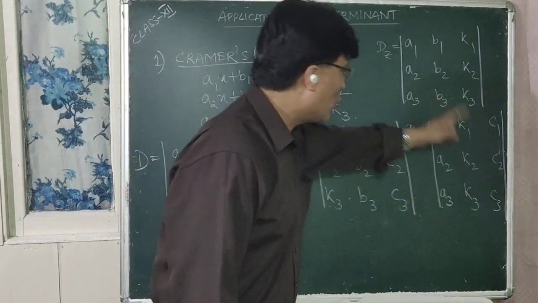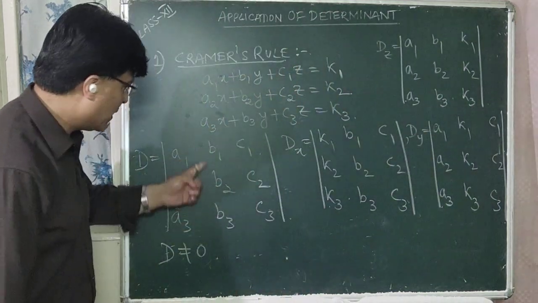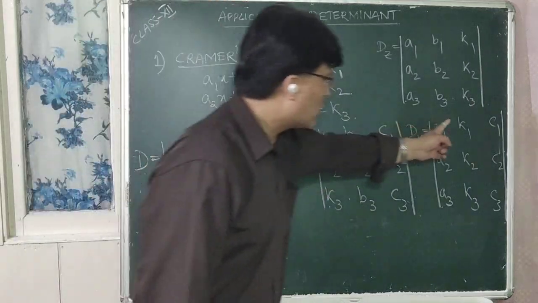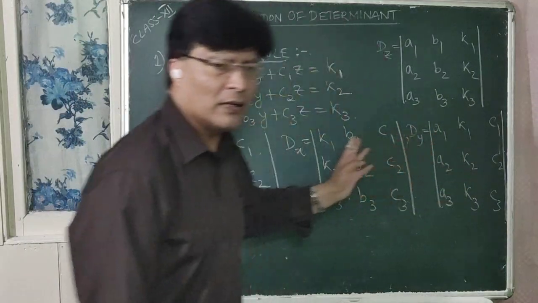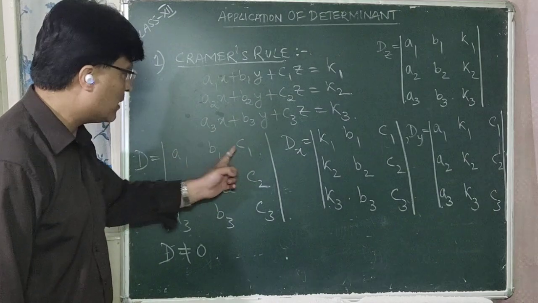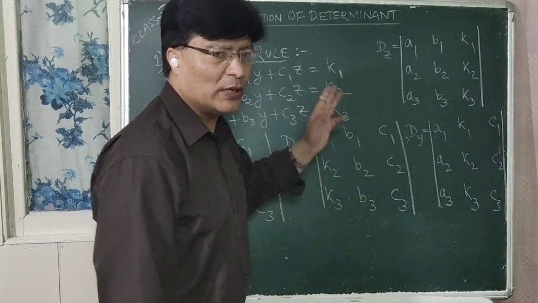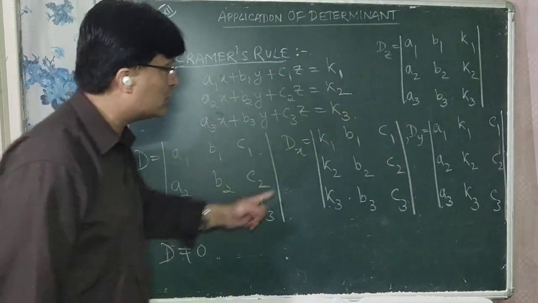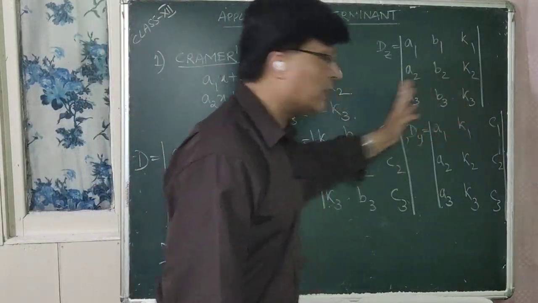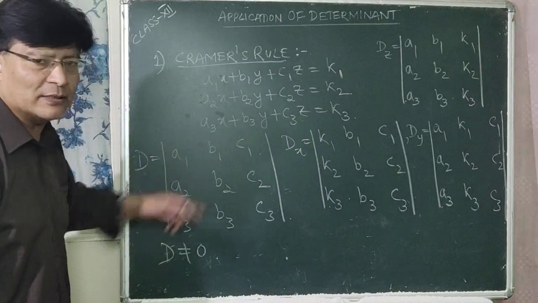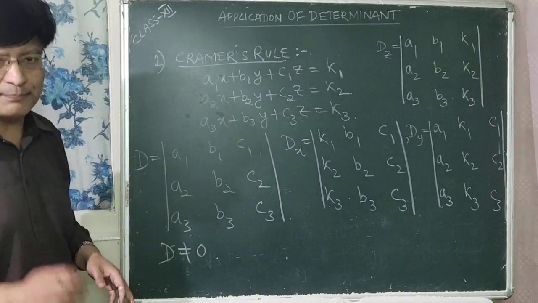In dy, only the second column, that is b1, b2, b3, is replaced by the constants k1, k2, k3, keeping the first column and third column the same, right? In dz, only the third column, that is c1, c2, c3, is replaced by k1, k2, k3, keeping the first and the second column the same.